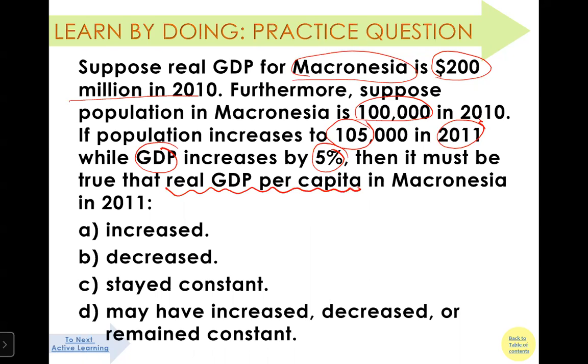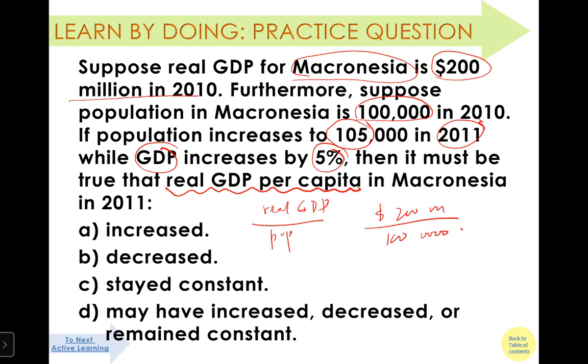The brute force way is to use real GDP divided by population. In 2010, it's 200 million divided by 100,000.